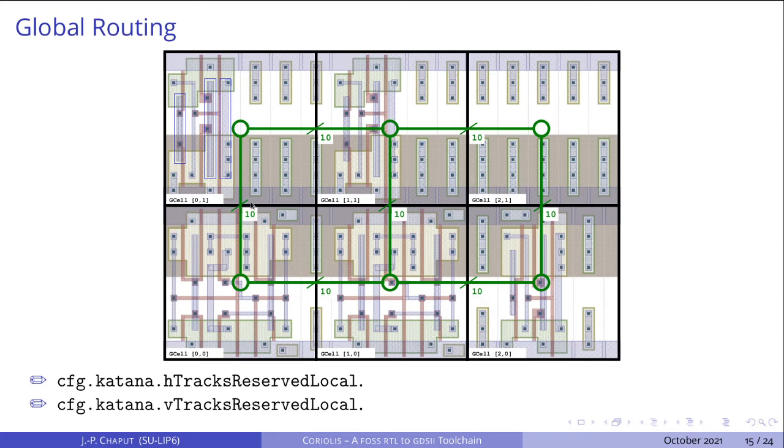So to model that congestion, the internal congestion of a G-cell, we artificially decrease the capacity of the edges. This explains the two Coriolis parameters, which are the htrace reserved local and vtrace reserved local. They are quantities that we subtract from the edge.